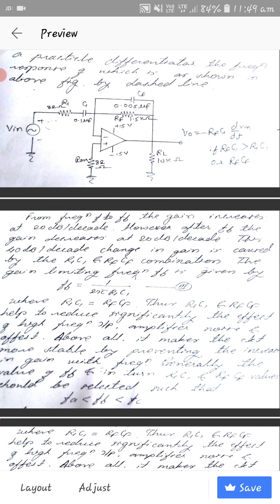Okay, and VCC is applied at 15 volts and VEE at minus 15 volts.